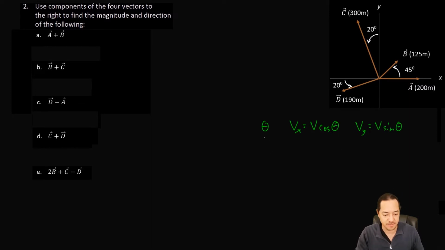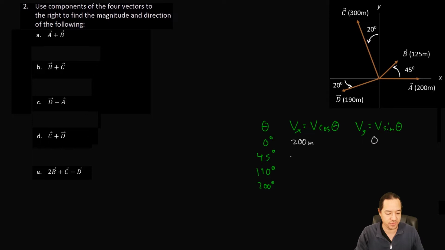All right, so this is what we have. Let me fill this in. Degrees. Over here, we're going to have 90 plus 20, so that's 110 degrees. And then over here, we're going to have 180 plus 20, so that's 200 degrees. For A, this is going to be 200 meters and 0.